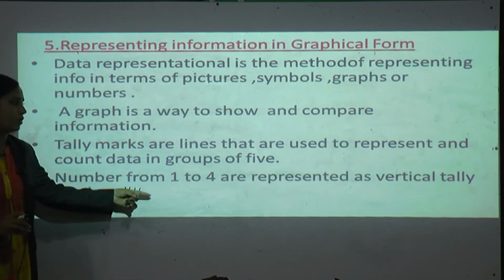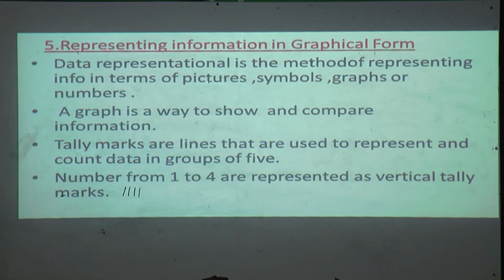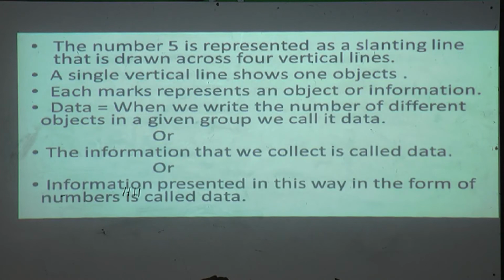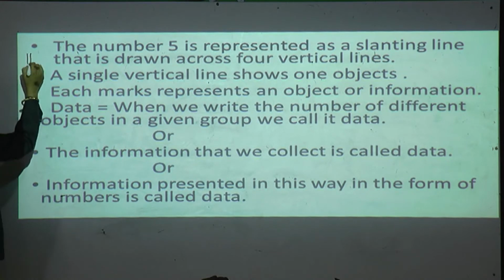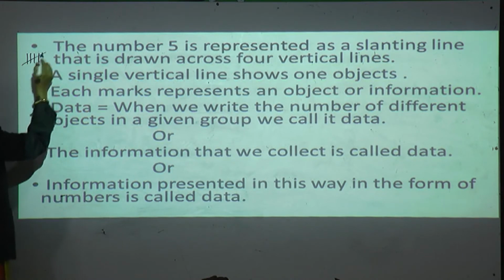Now the number 5 is represented as a slanting line that is drawn across 4 vertical lines. Here 1, 2, 3, 4 vertical lines and the 5th is represented as a slanting line.